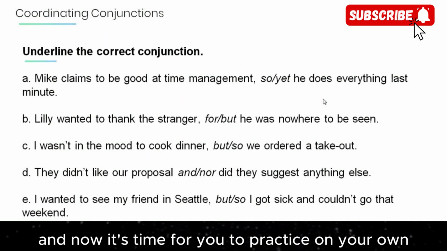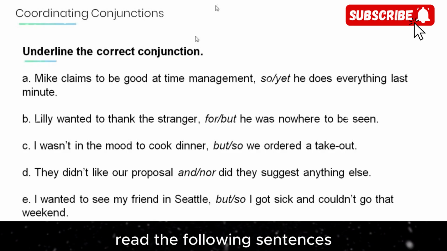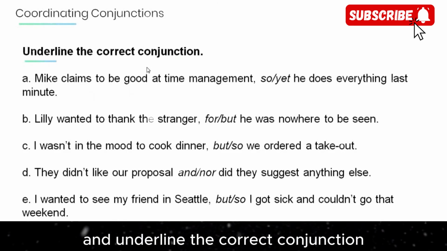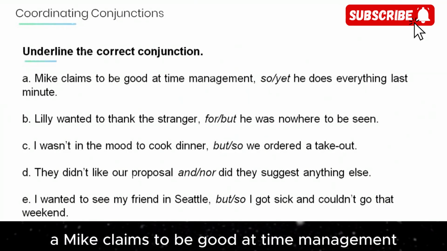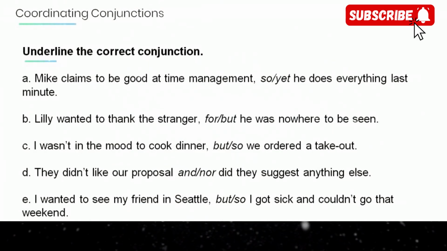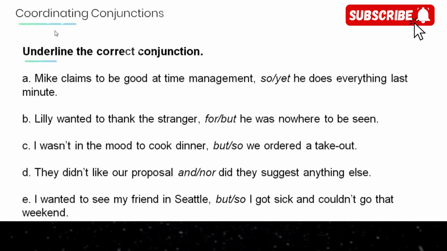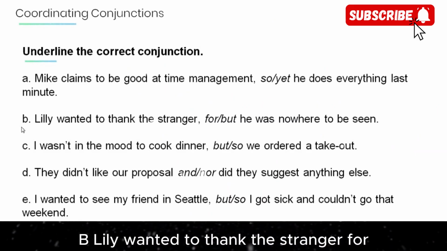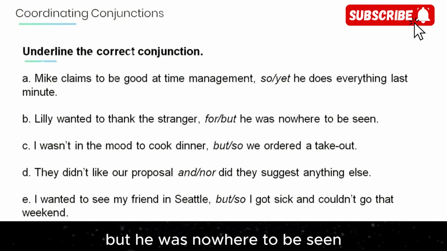And now it's time for you to practice on your own. Read the following sentences and underline the correct conjunction. A. Mike claims to be good at time management, so, yet he does everything last minute. B. Lily wanted to thank the stranger but he was nowhere to be seen.